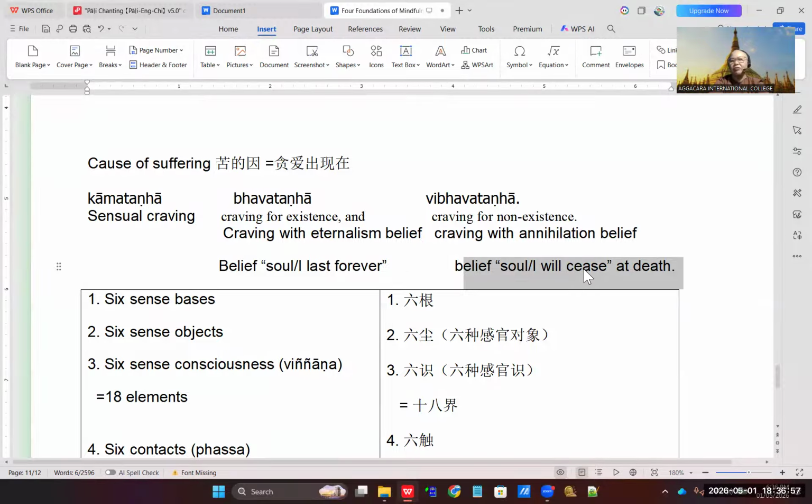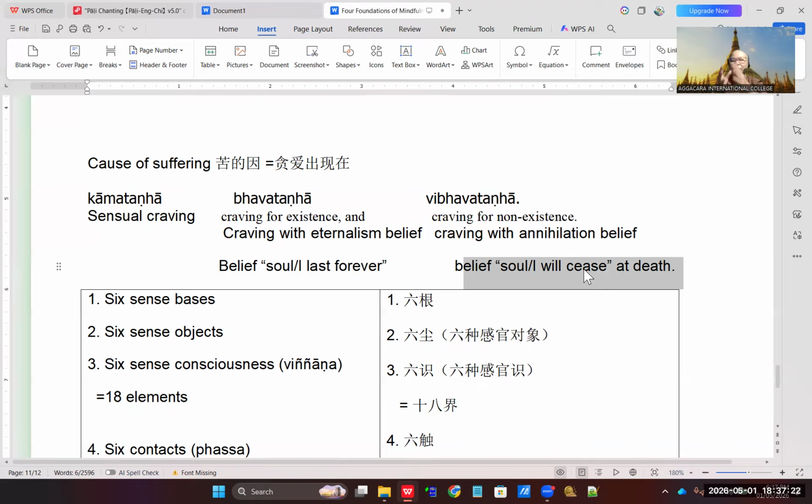This kind of belief is also quite dangerous, because they feel that since there is no future life, they don't believe this I will be reborn in a future life. They say, maybe I don't need to do good. Why? Because I will not enjoy the goodness. Even if I do bad things, I will not be punished in hell, because there is no hell, since I'm not going to be reborn in hell.